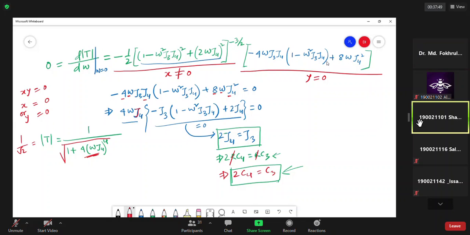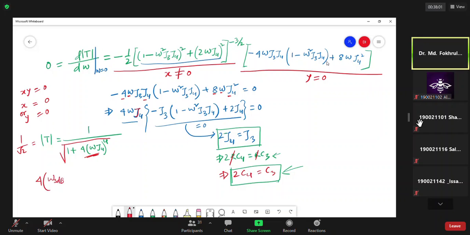So we can write that at 3 dB, omega 3 dB tau 4 to the power 4 is equal to 1. At the 3 dB frequency, this condition will be fulfilled.